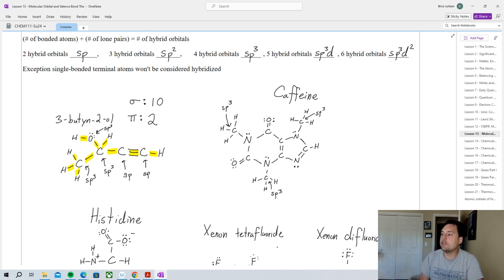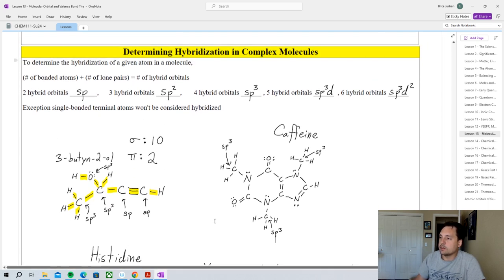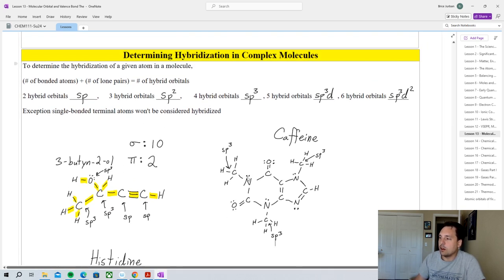And then we can look at all of the atoms that are in this ring system. The oxygens are going to be terminal, so we're not going to look at their hybridization. And what we're going to do is simplify this here. We're going to say that these electrons here are going to require a hybrid orbital to be in.